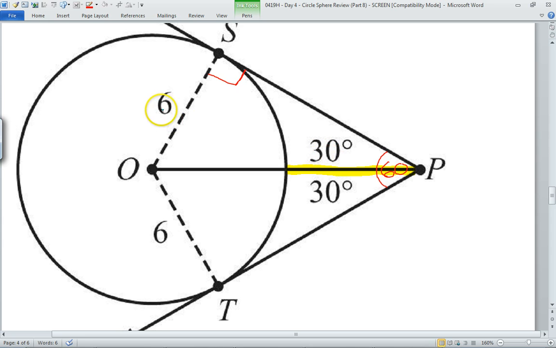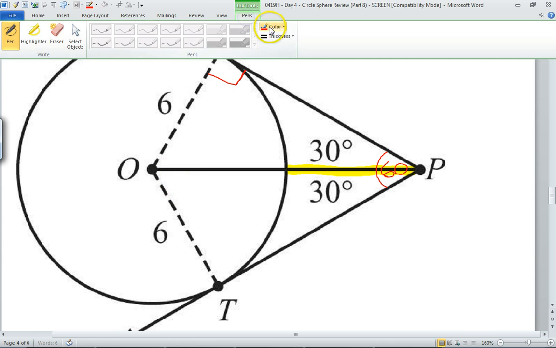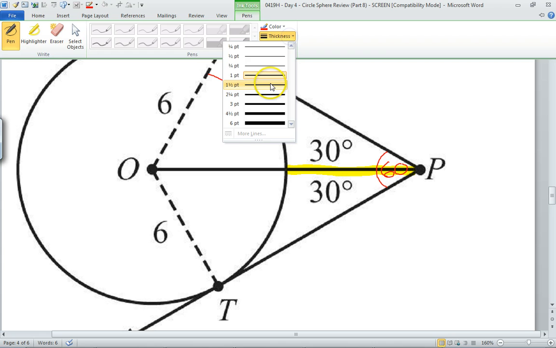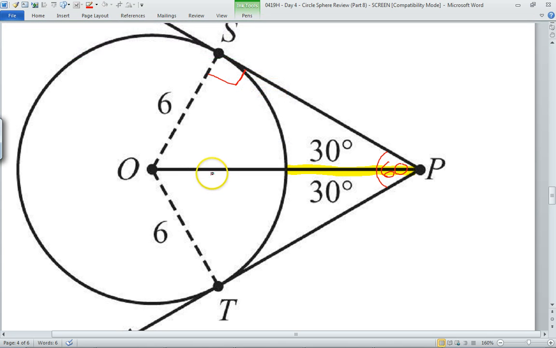This is a special triangle. 6 is the short leg because it's across from the 30. That means the hypotenuse, all the way from here to here, is going to be 12.